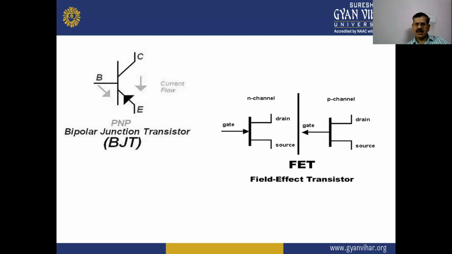The second symbol is the P channel FET, which also has three terminals: gate, drain and source. The main difference between N channel and P channel FET is the arrow on the gate. In N channel, the arrow points inside, and for P channel, the arrow on the gate points outside. This is the main difference between the N channel FET and P channel FET.